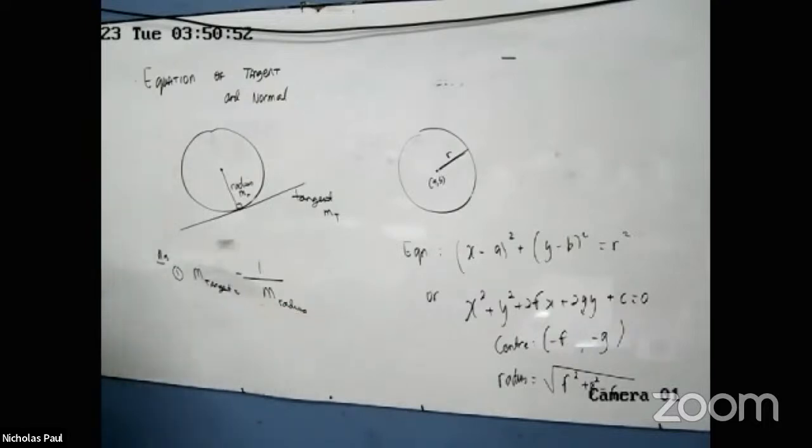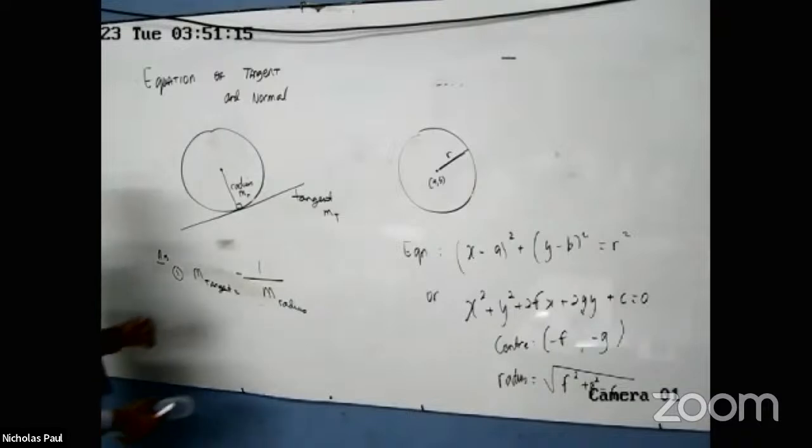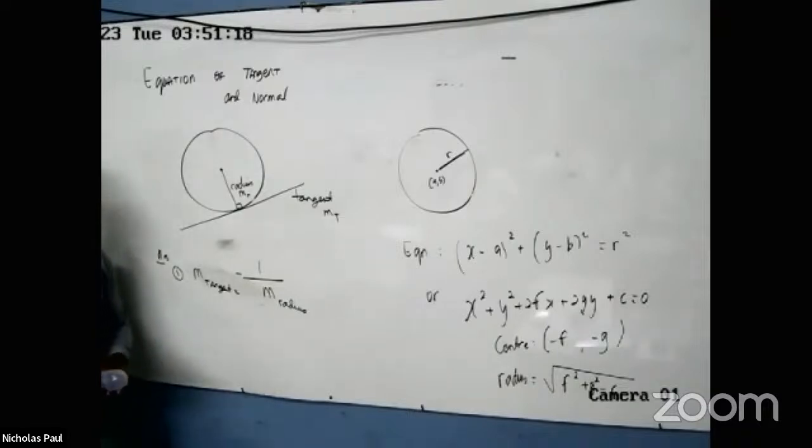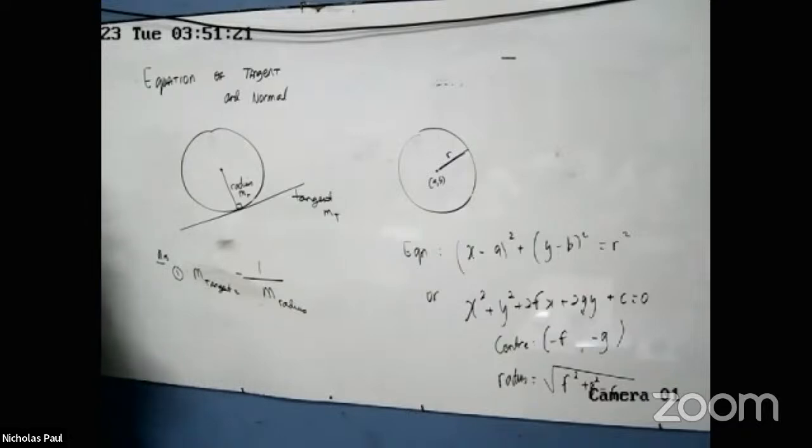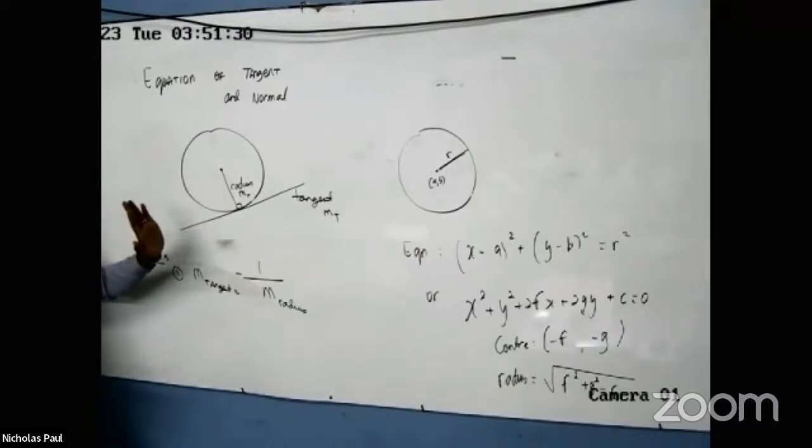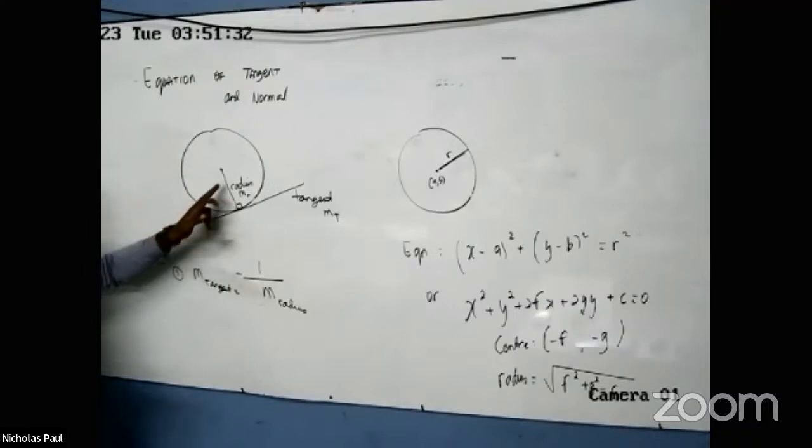Where do I draw the normal on here? Tell me exactly where to draw it.